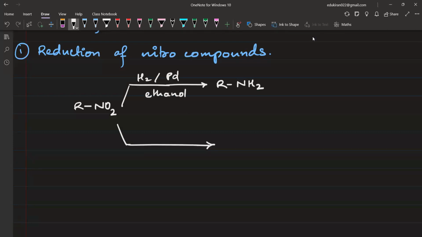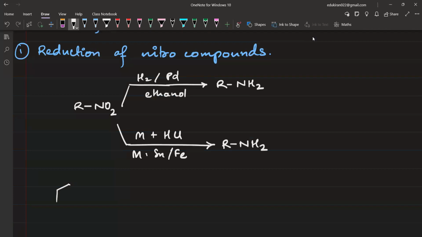Then you can also use metal plus HCl. Generally, the metals that we can use are Sn and also Fe. You can use tin as well as Fe. It is also going to give you RNH2. Now, you can use nitroalkane, and you can also use nitrobenzene.